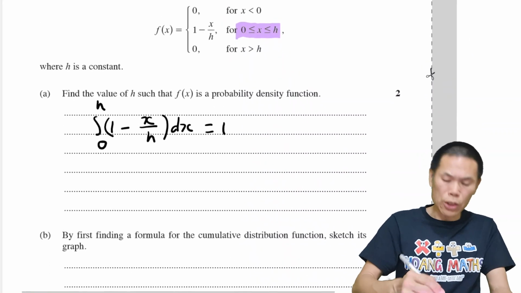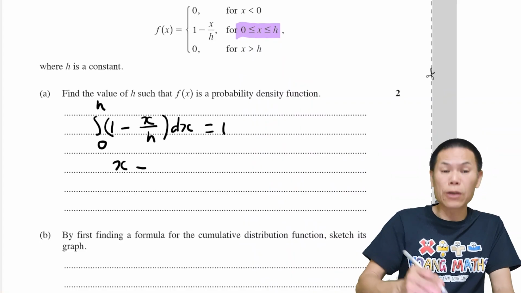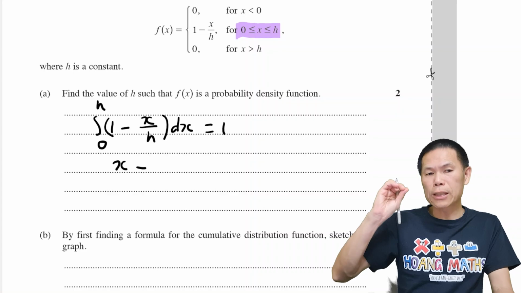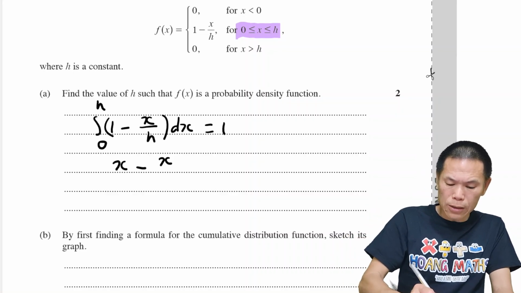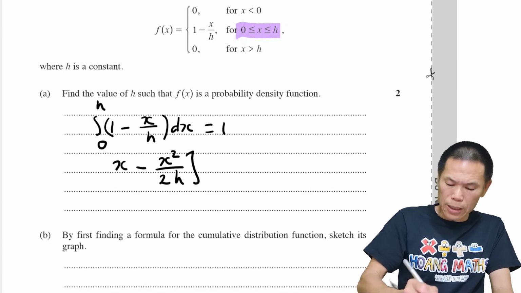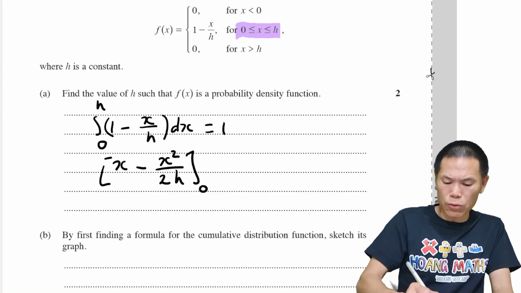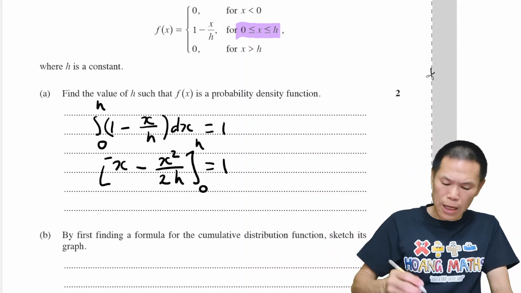So now what I do, I just integrate this. So integrating 1 gives me x. Minus integrating x gives me x squared over 2. So in other words, it's x squared over 2h. And that is from 0 to h, which gives me 1. So now I just substitute the values in.